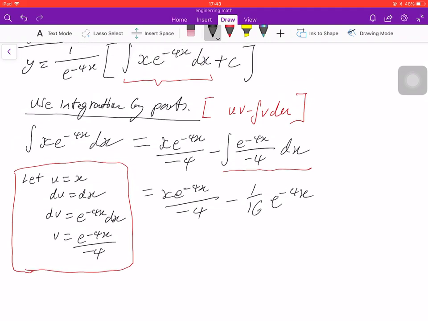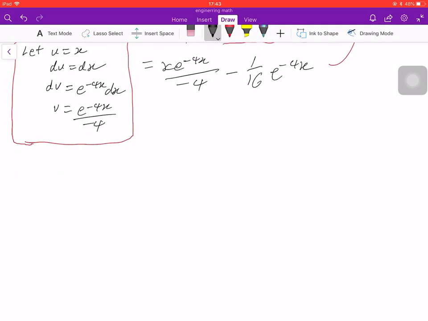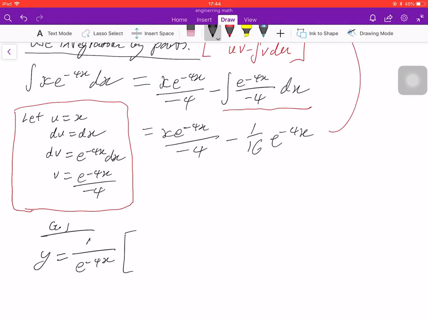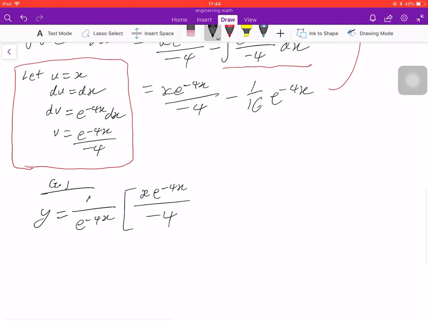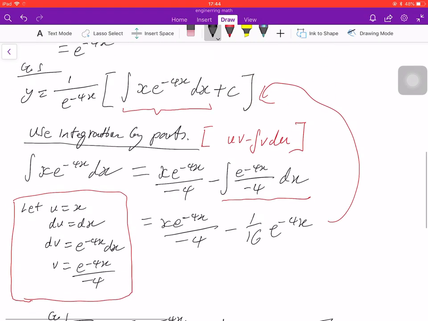Now we replace this integration by parts result into the equation, and that will be our solution. So the general solution: y is 1 over the integrating factor, exponential of minus 4x, multiplied with the result, x exponential of minus 4x divided by minus 4, minus 1 over 16 exponential of minus 4x, plus c.